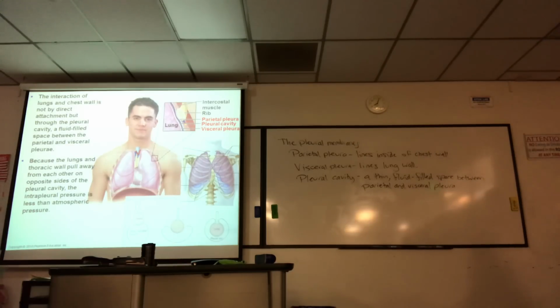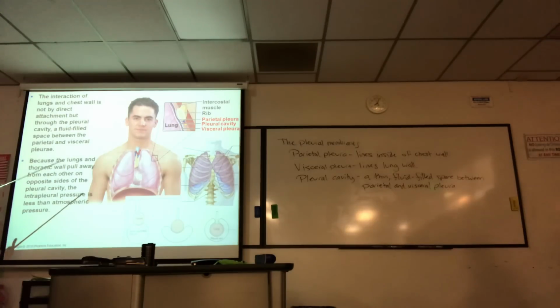So it's good that they're stuck to the chest wall. Being stuck to the chest wall holds the lung wall out. So the lungs are like a balloon. And think about what the chest wall is. I don't have a skeleton up here, but the rib cage is stiff and conical. It's literally a cage that naturally does not want to collapse.